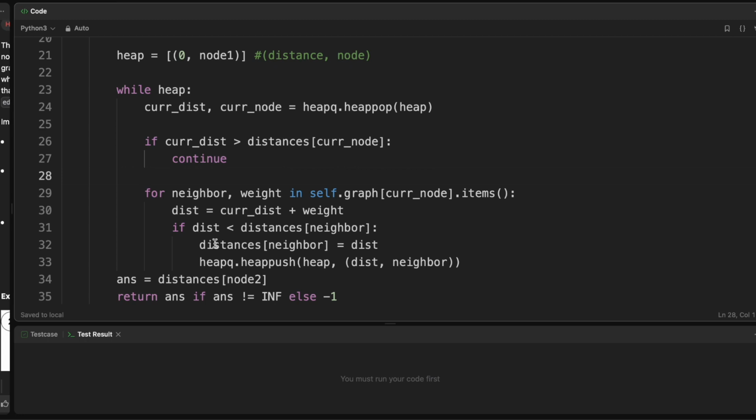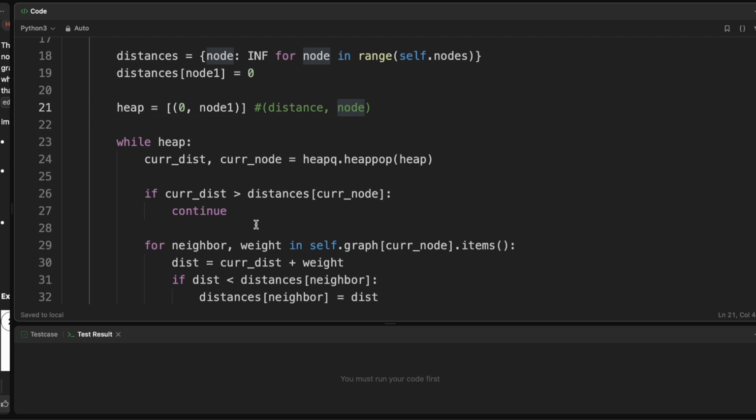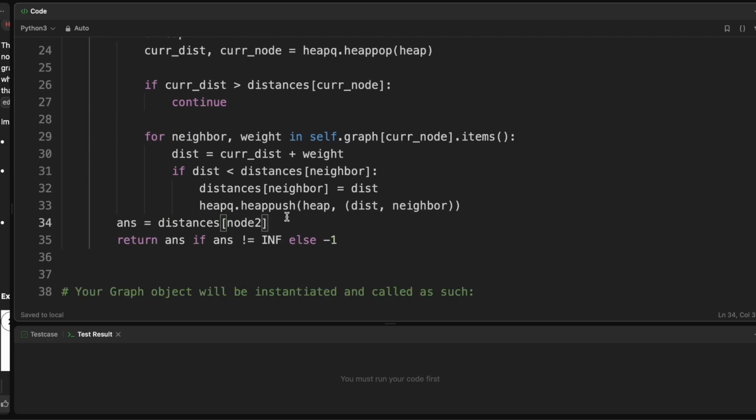But these repeated values won't really have any effect, because one particular pair of distance and node is going to be unique. Suppose we have a distance of 5 and the node is 2, that's fixed. We won't have another entry with distance 5 and the same node. So it would work even if you're visiting the node twice, but in all the cases the cost would be different.